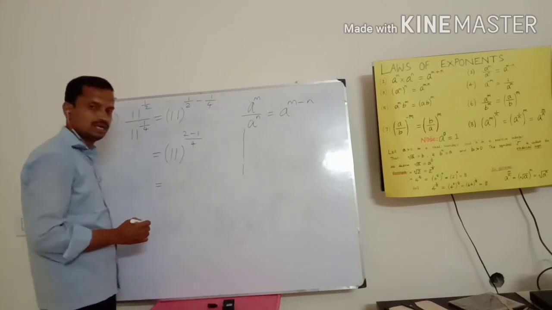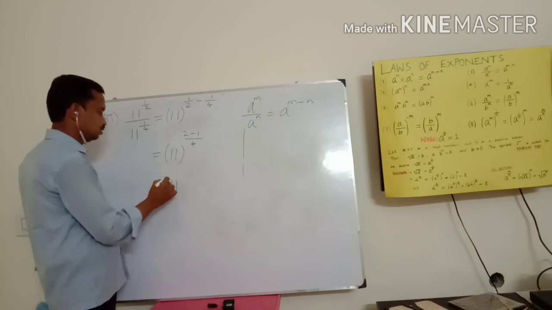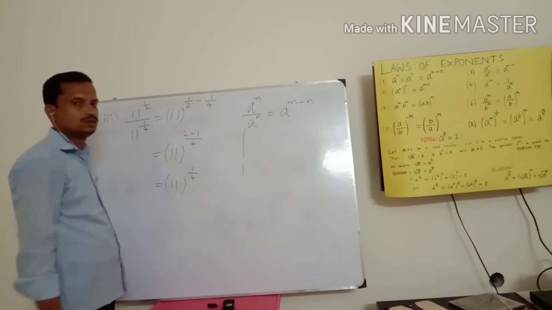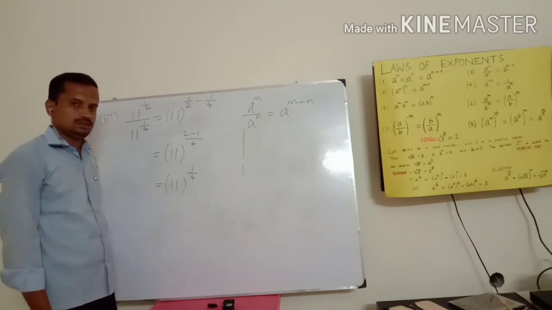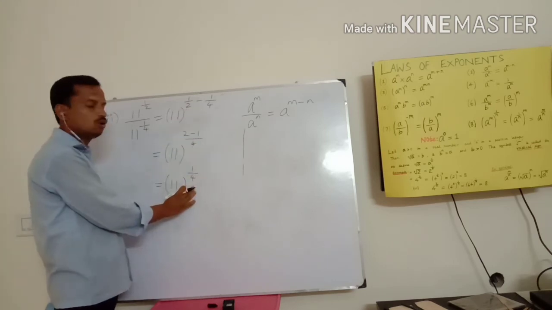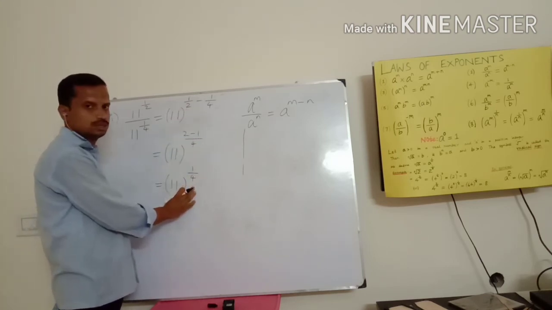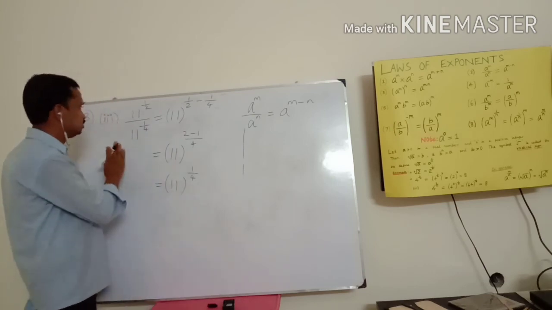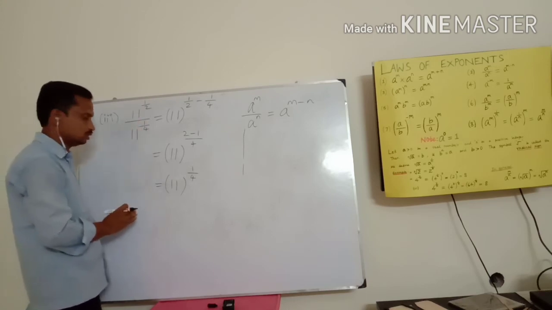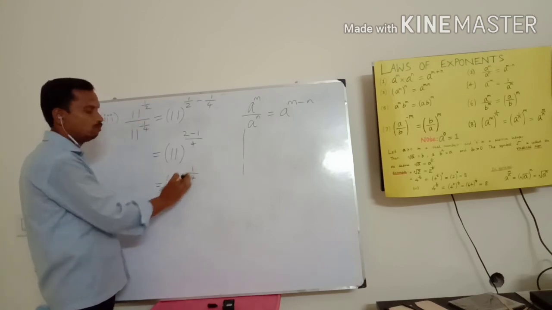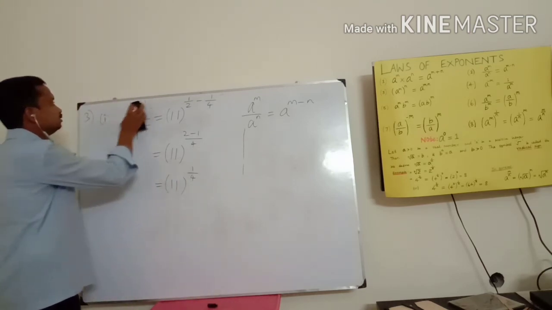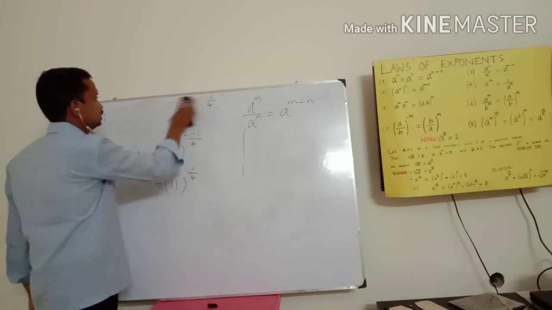And this is nothing but 11 to the power 1 by 4. So this is what I told you. Half minus quarter is nothing but again 1 by 4. The quarter part will come. Right? So the answer of 11 power 1 by 2 by 11 power 1 by 4 is 11 to the power 1 by 4. Now we will move to the next question.